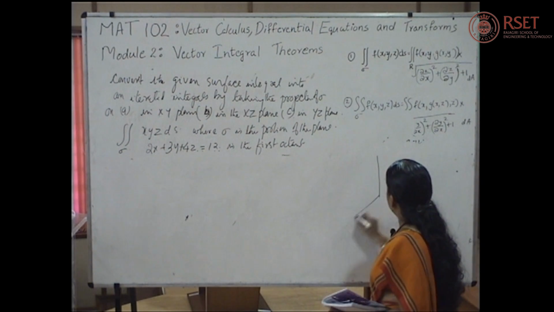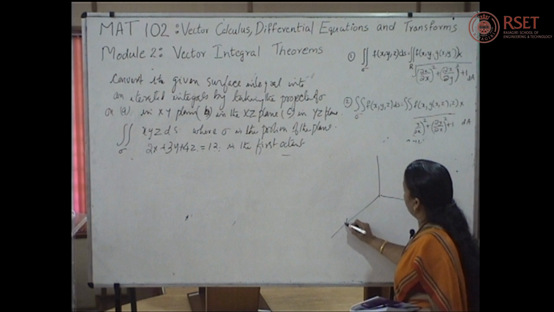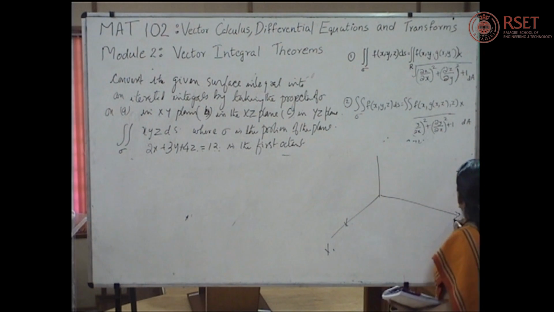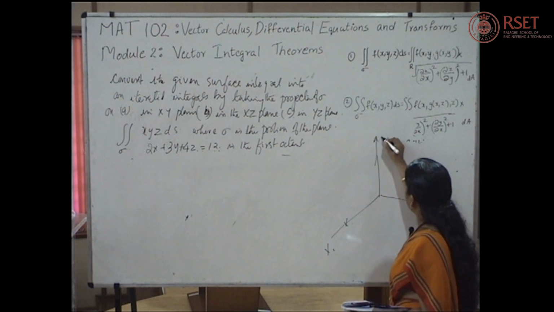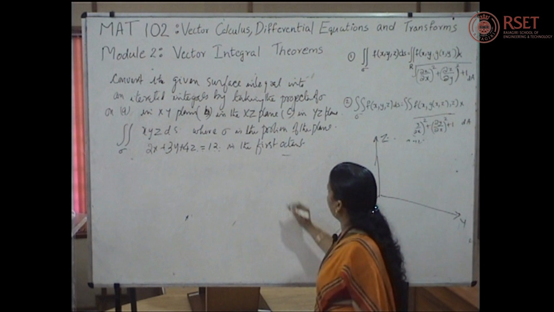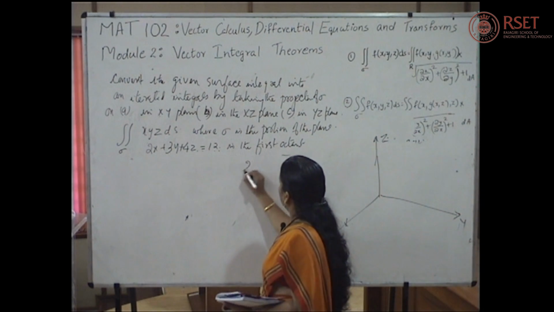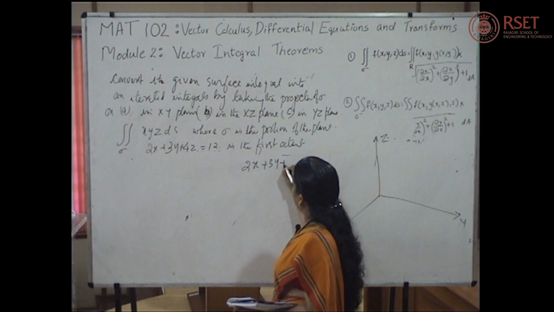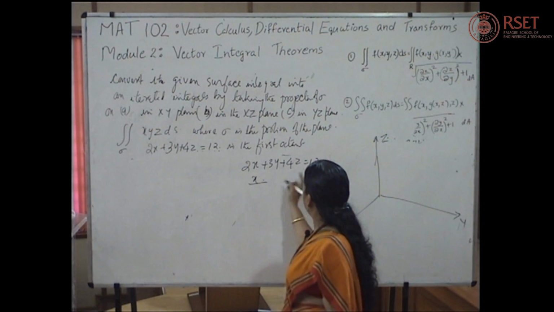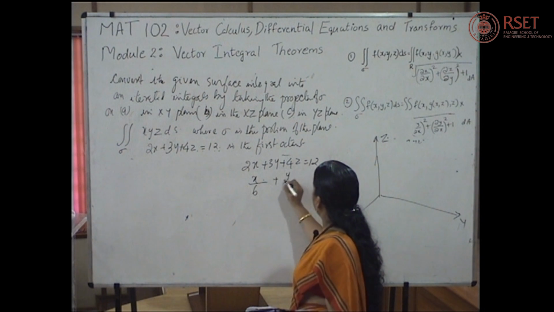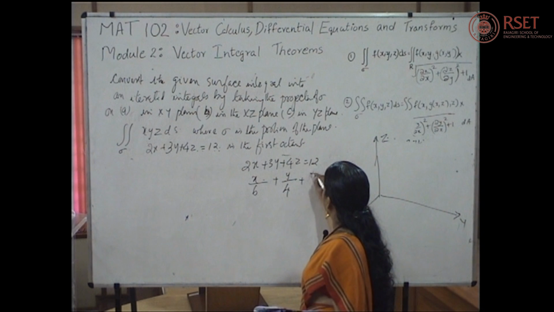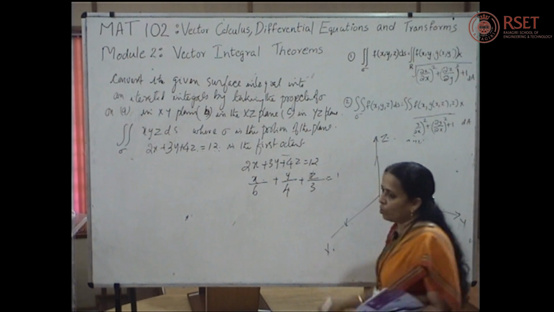Our surface is 2x plus 3y plus 4z is equal to 12, that is x divided by 6 plus y divided by 4 plus z divided by 3 is equal to 1.